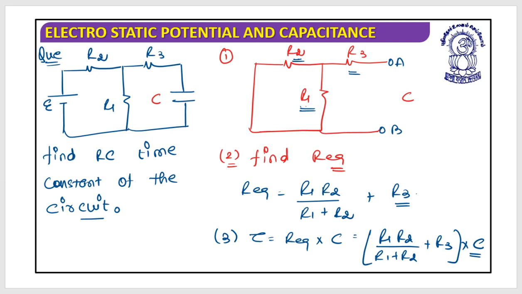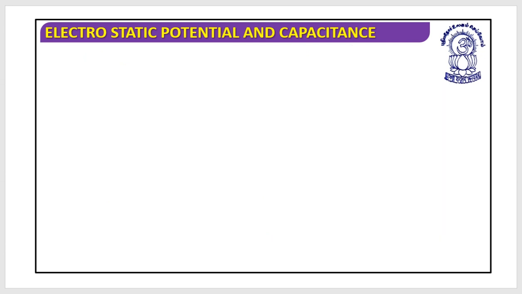So can you do this? Can you do this? Are you sure? Can it be done? So let's do the last question of this topic. It's an RC circuit. So the situation is something like this. A battery is there, and a resistance is there, which is R1.